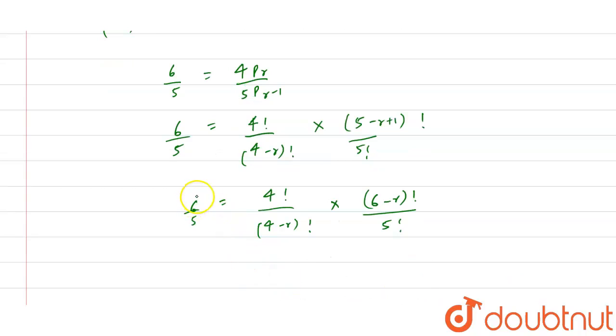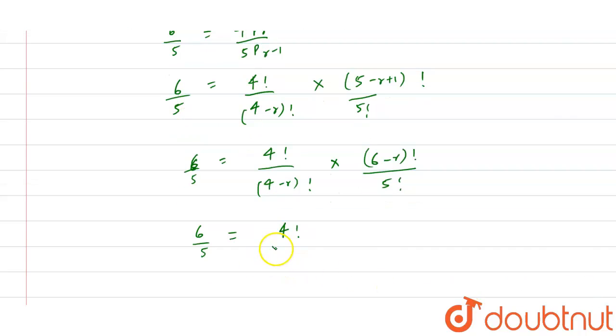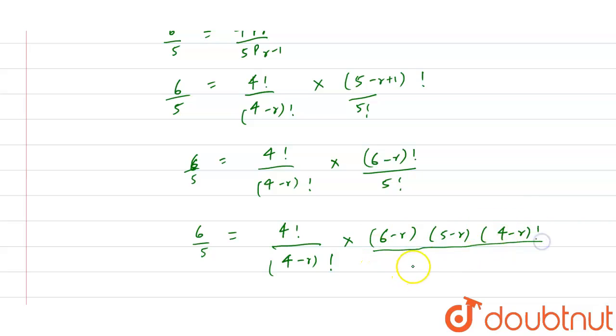Now if we open these brackets, we get 6 by 5 equals 4 factorial, and we can write (6 minus r) factorial as (6 minus r) multiplied by (5 minus r) multiplied by (4 minus r) factorial, divided by 5 multiplied by 4 factorial.